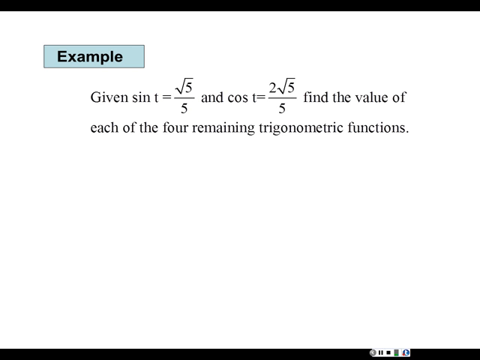So, given the sine and cos, find the value of each of the 4 remaining trigonometric functions. It's an interesting question, because at this point, we are not only talking about the right triangle, we are doing it a little bit differently. We are considering all these trigonometric functions as regular functions, and looking at their identities, and based on those identities, we are trying to see if we can find other functions based on some given, or like here, 2 functions.